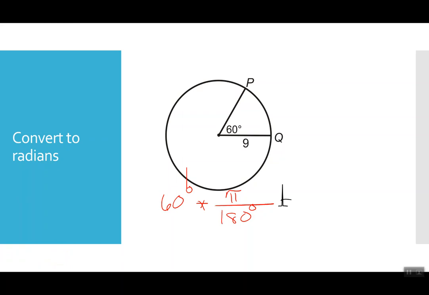So here I'm just taking my calculator. I'm going to take 60 times pi and then divide by 180. You're always going to get a decimal. I had 1.047. Okay, so this went from degrees, and now this is in radians.